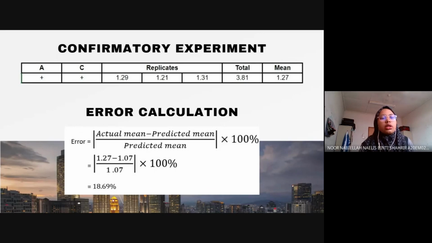An error occurred since the time taken was too short, which is plus minus 0.01 second. Since the time is so short, the value is too sensitive. This is the reason why an error occurred. So using the formula for percentage error, we come out with a percentage for both means of 69%.